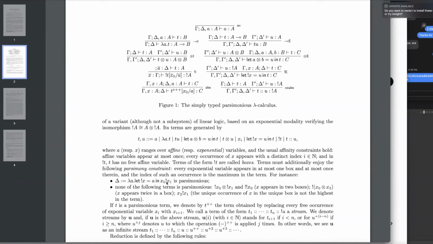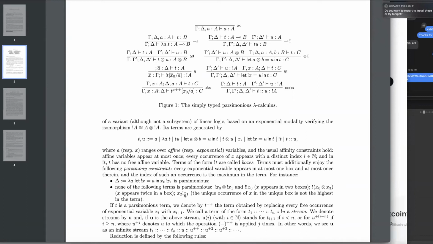Okay. So none of these are parsimonious. This one's not parsimonious because x occurs in two boxes. This one's not parsimonious because x occurs in two boxes. This one is not parsimonious because x occurs twice in a box. It's only allowed to occur once in a box.